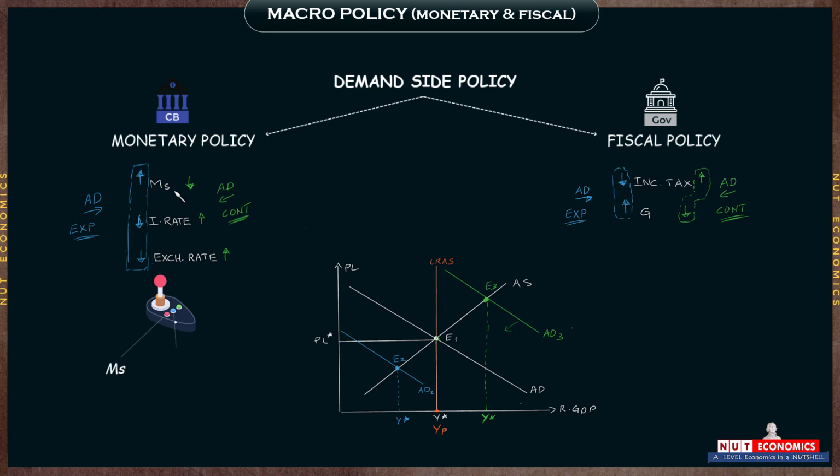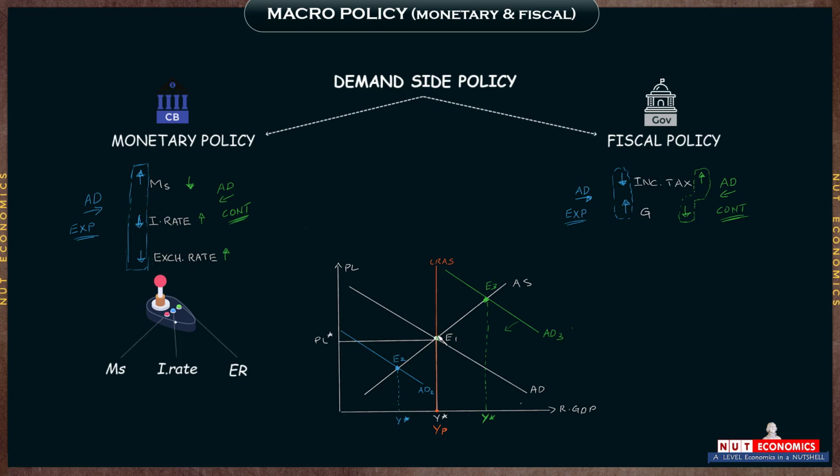One controls money supply, the other interest rate, the other exchange rate. So the central bank is just observing that, okay, if you are below potential, we need to increase aggregate demand and take the economy back. If you have above potential, the central bank, using this remote control, tries to shift the aggregate demand to the left, decrease it, and restore the economy back to its potential.